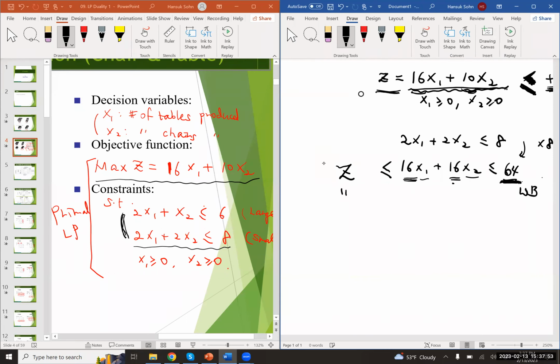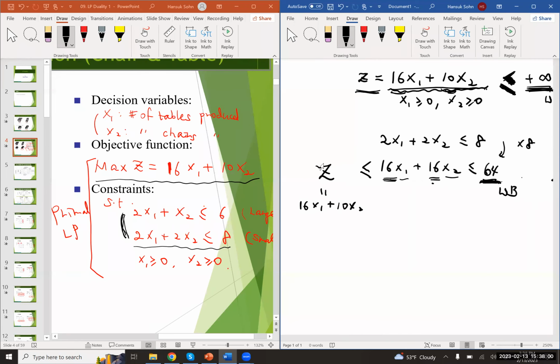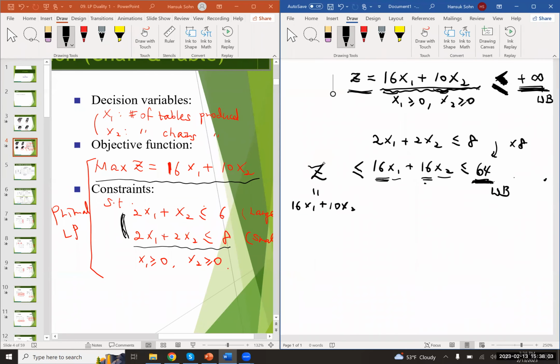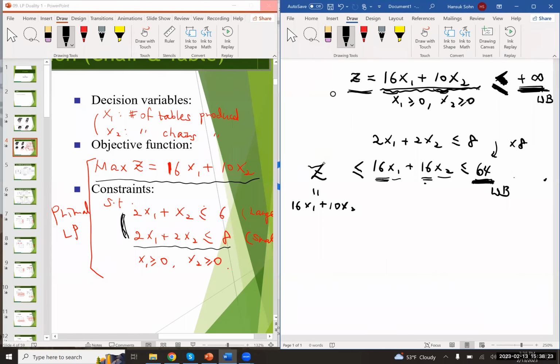And g is equal to 16x1 plus 10x2, right? So it's a big improvement from the previous upper bound, which is infinity, and right now 64. So infinity to 64 is a big improvement, right? And can we do better? Of course.